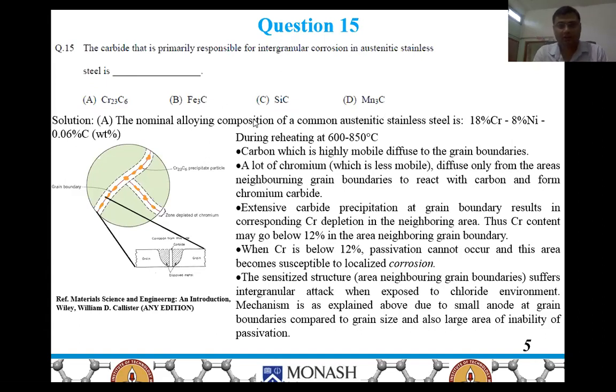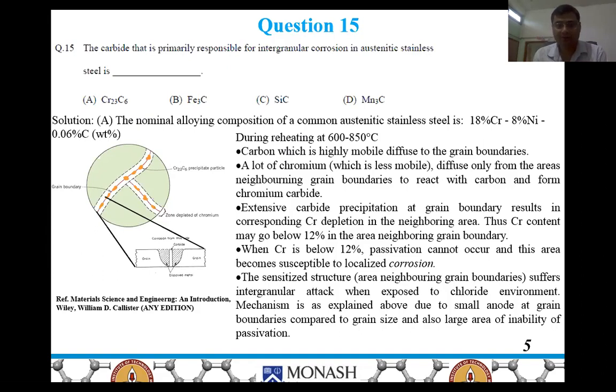The normal alloying composition of common austenitic stainless steel is 18% chromium, 8% nickel and 0.06% carbon. During reheating at 600 to 850 degrees centigrade, carbon, which is highly mobile, diffuses to grain boundaries as we increase the temperature.